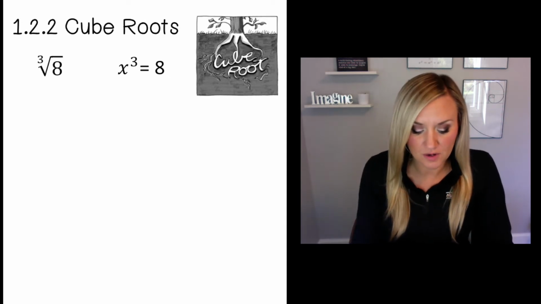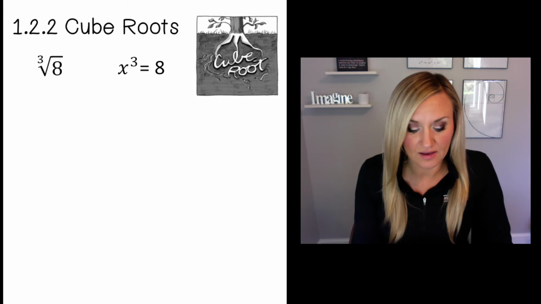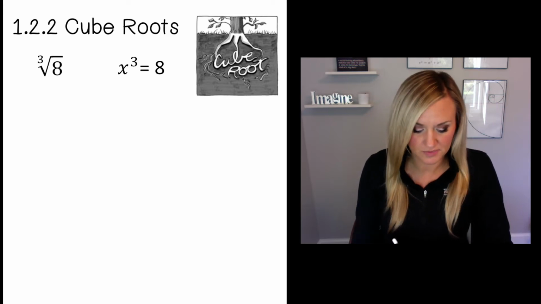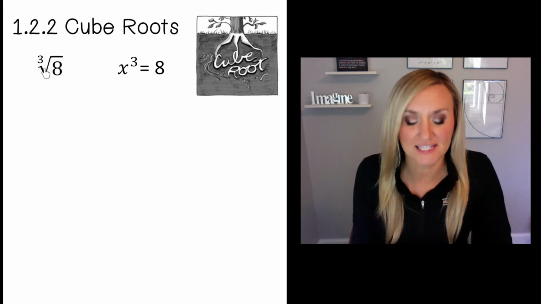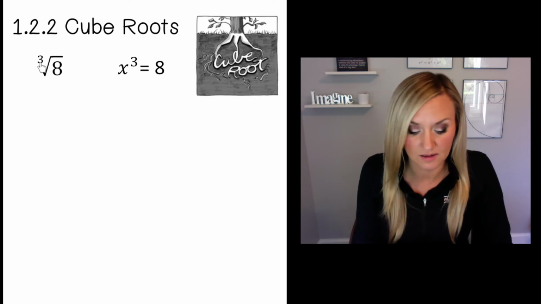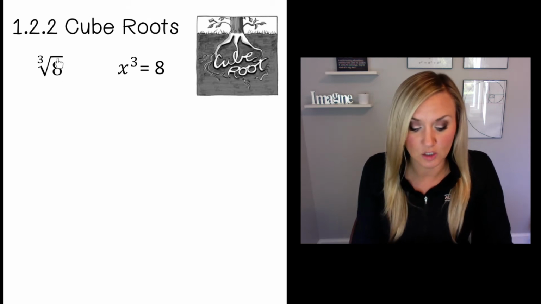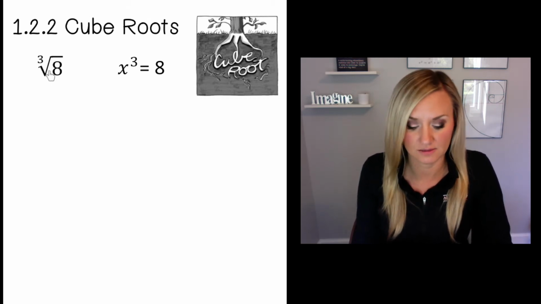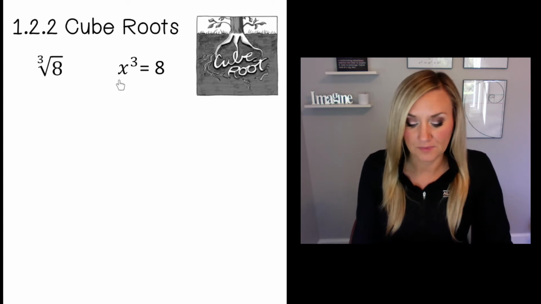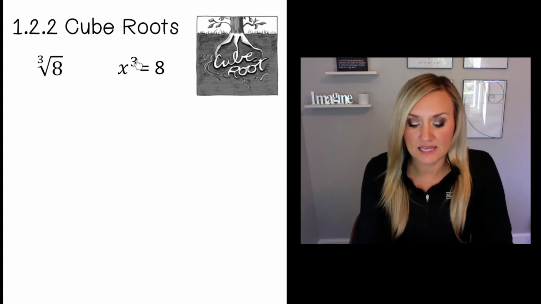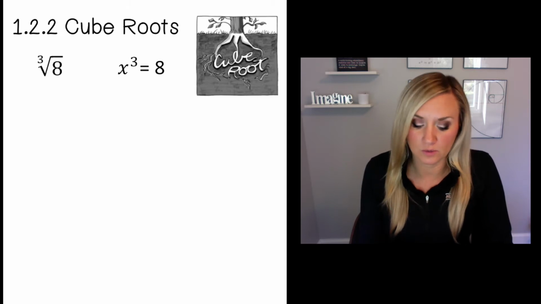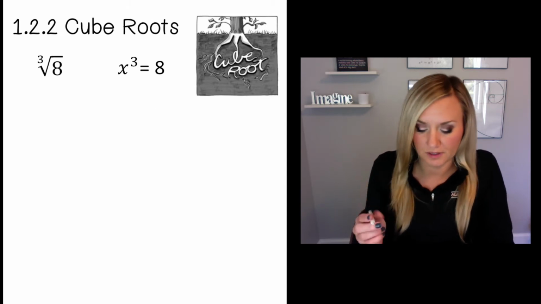If you notice what I have written here, this is how we read it. We say that this is the cube root of 8, which also means that x to the third power equals 8. Let me explain.